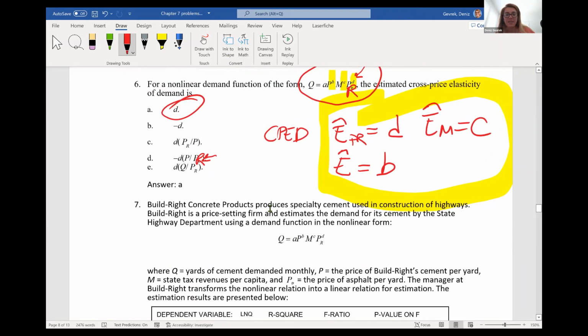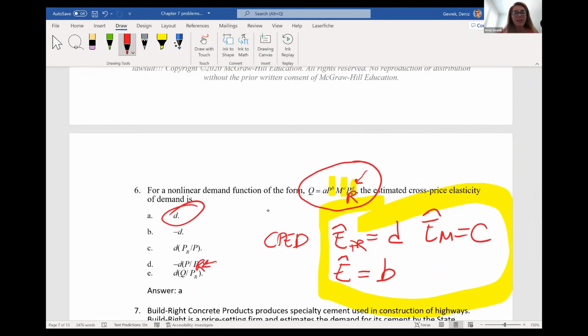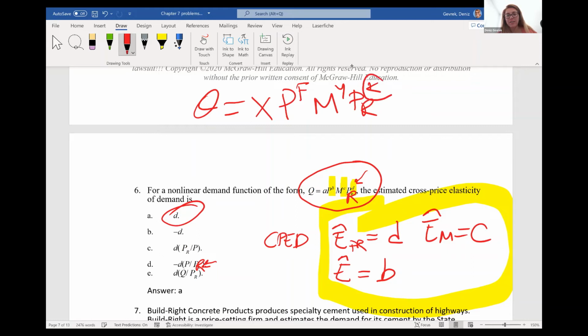You said, does this make sense? I can derive this for you, but if you're given something like this, let's say Q equals, I'm just going to throw in weird stuff, X times P raised to the power F, price of M raised to the power Y, PR raised to the power K. So here, cross price elasticity of demand would be K. Here, income elasticity of demand would be Y. And here, price elasticity of demand would be F. You just look at the powers.